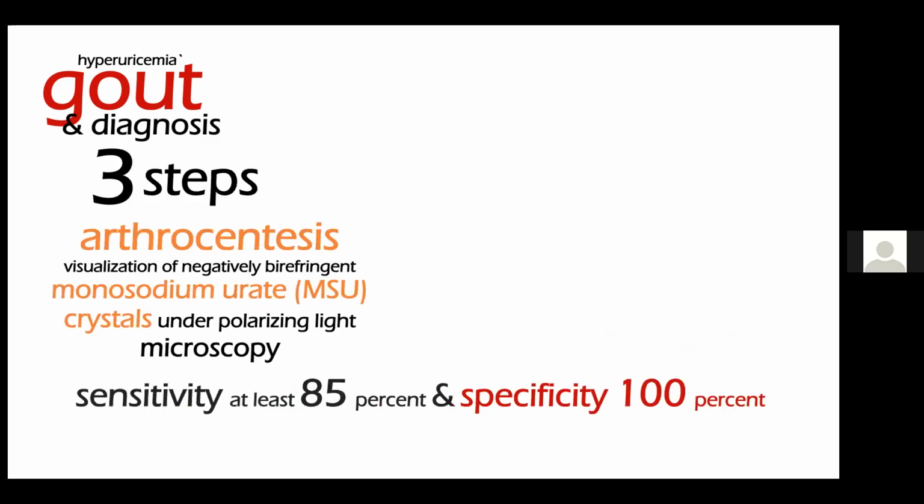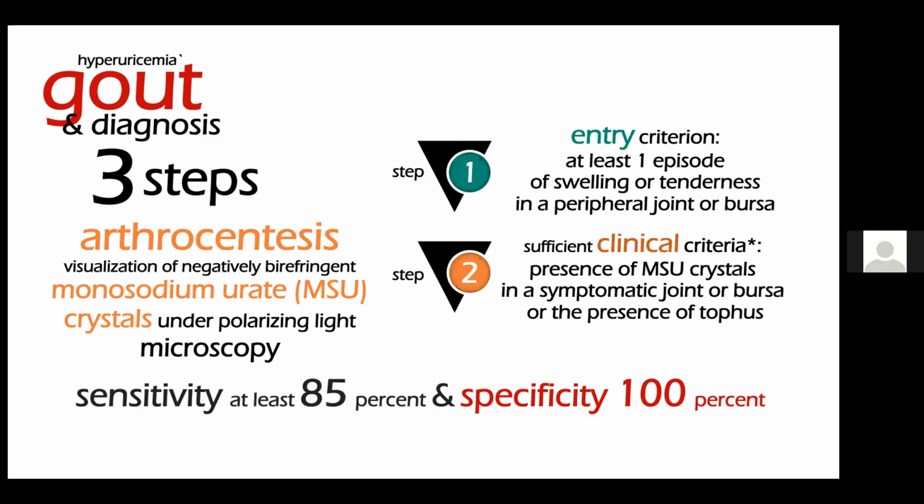And when it comes to the scoring, it is a 3-step scoring. And beside the entry point, the second step is that we need to have those criteria that we need to remember, being the presence of monosodium urate crystals that we will get from the joint, or the presence of tophus.